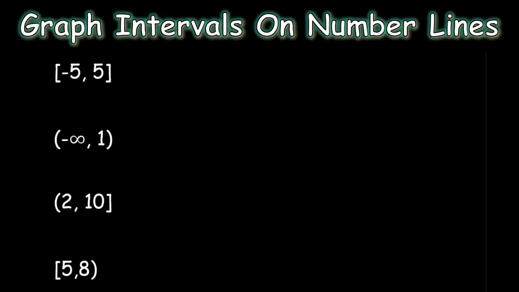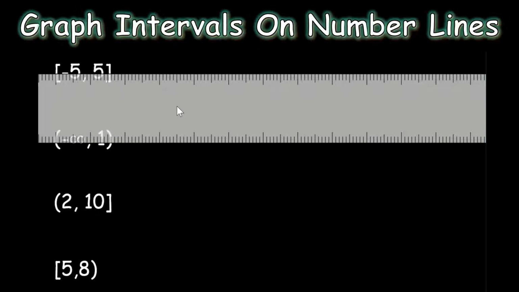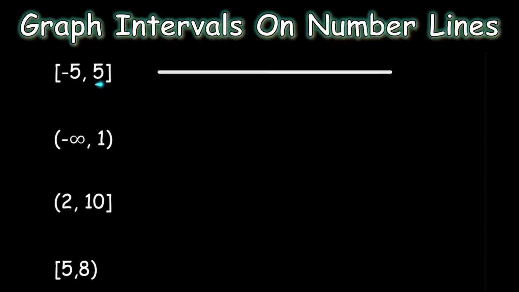Okay, let's get started on actually graphing our given intervals on number lines. So let's go ahead and draw our first number line. We've got our value -5 and 5, so let's put it on our number line here. We have -5 on our lower end and 5 on our upper end.